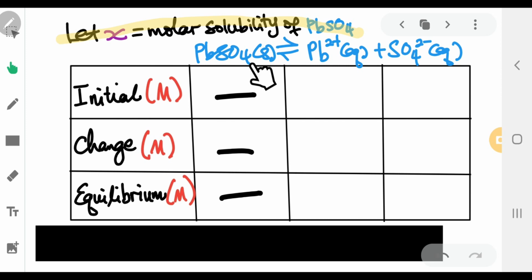Same goes for Ksp as well. So this solid will be ignored and we will be just focusing on the aqueous species that we have on the product side.